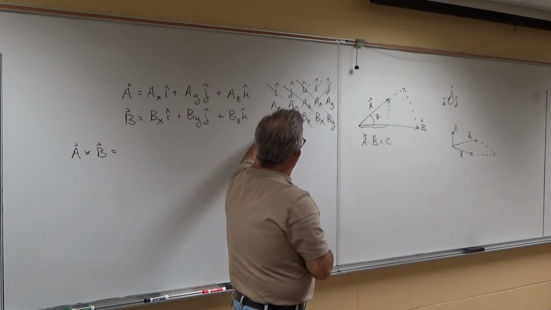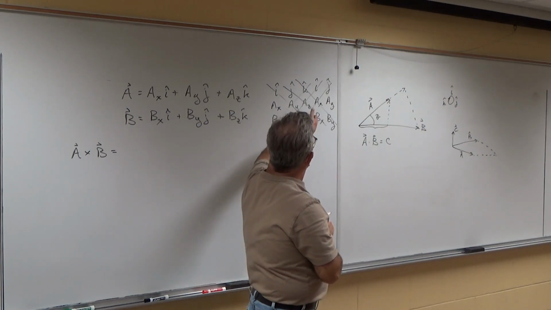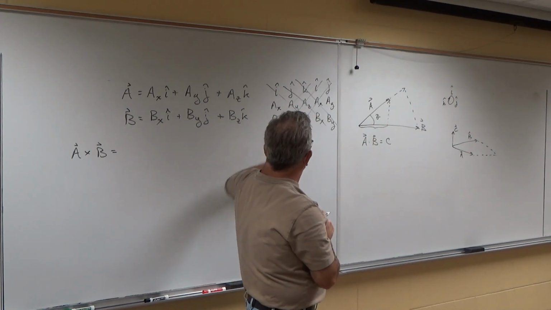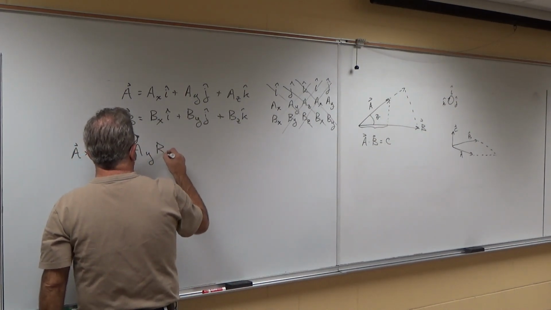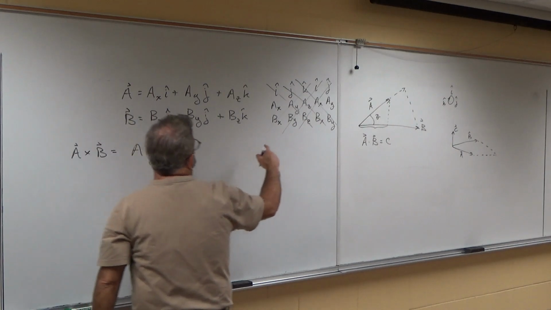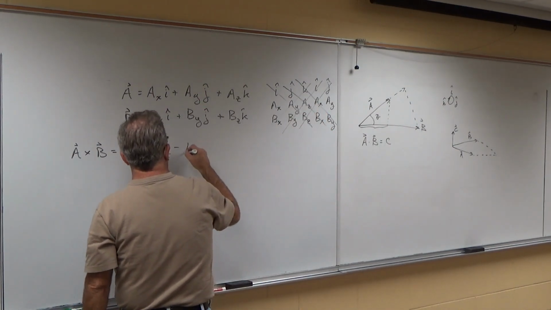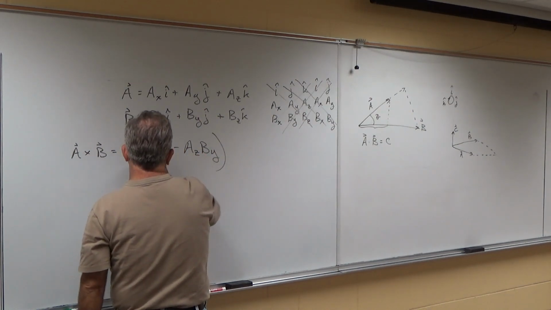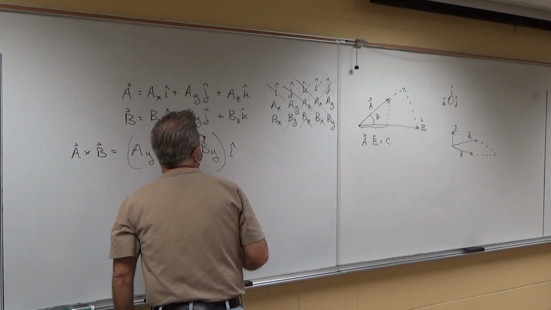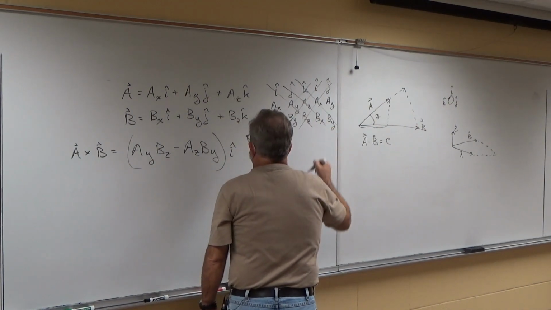So you have AYBZ minus AZBY. And you'd get the same thing from multiplying this all out times I hat. If I'm going this way, it's positive.